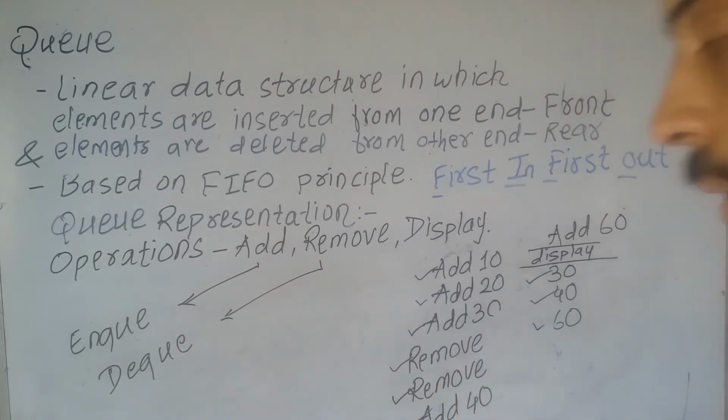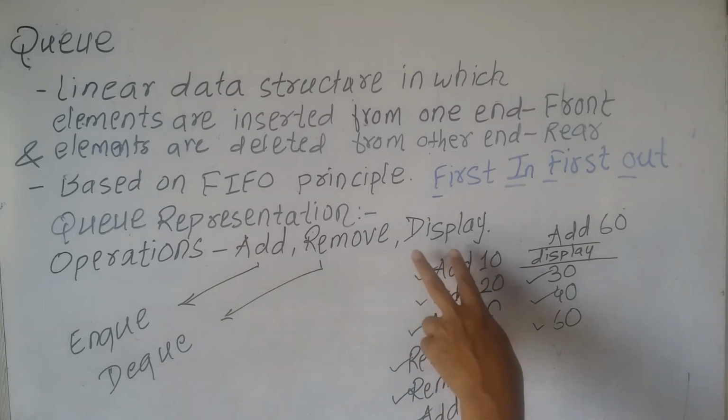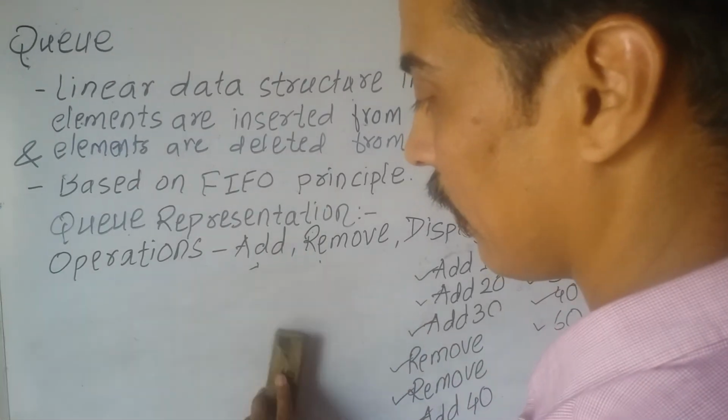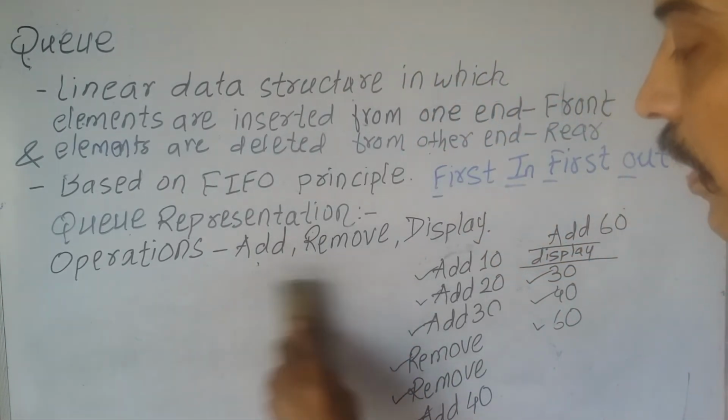So adding the elements is also called as enqueuing in the queue, and removing the elements from the queue is also called as dequeuing the queue. And the third function we have to perform is the display function. So we have to write down the C functions for add, remove and display operation.